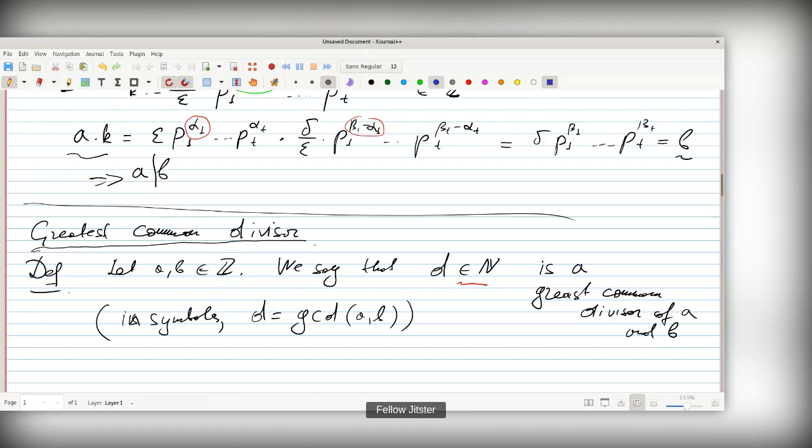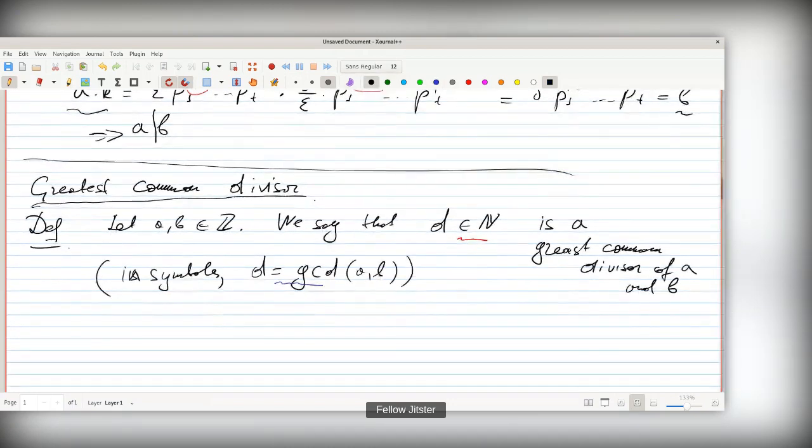For this symbol alone is not enough to prove uniqueness. So in principle, it may be so that GCD of a and b equals d1 and GCD of a and b equals d2, while d1 differs from d2. It is still possible. We should exclude this possibility, but nevertheless.